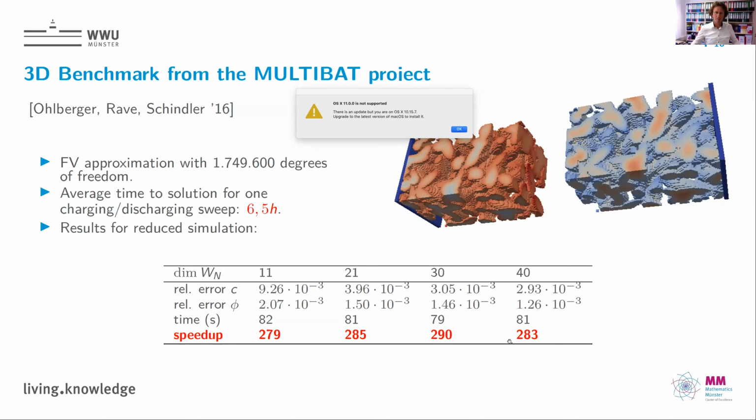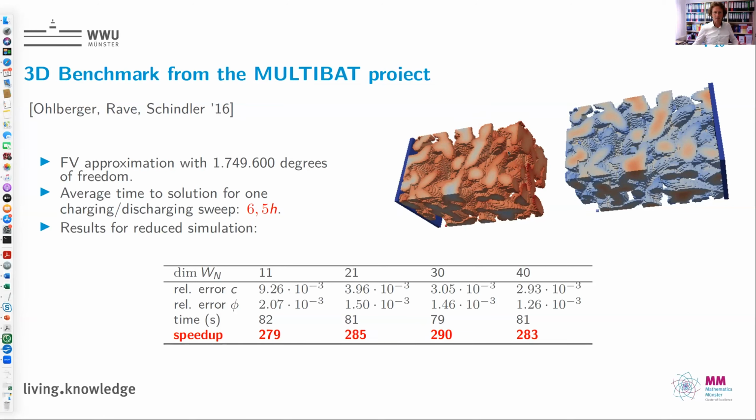So this is really something that is very nice, and there is also a theory available that shows why these reduced models are really capable of producing results with this quality, even though the reduced models in this case have only a dimension of 30 or 40, which is really small systems.